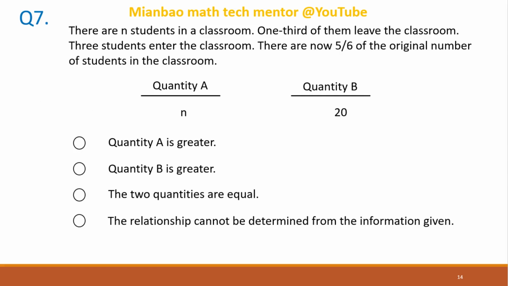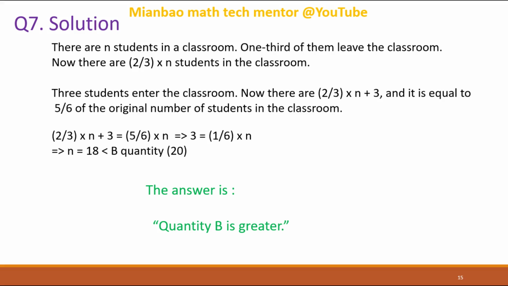Question 7. Which of the following answers is correct? Quantity A is greater, or quantity B is larger, or the two quantities A and B are equal, or the relationship cannot be determined from the information given. There are n students in the classroom. 1/3 of them leave the classroom.